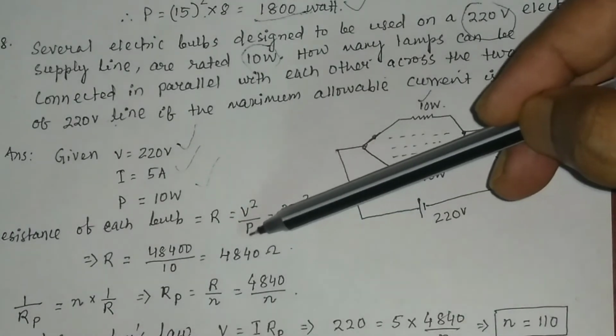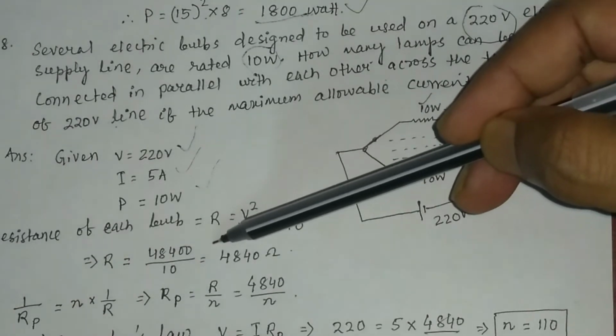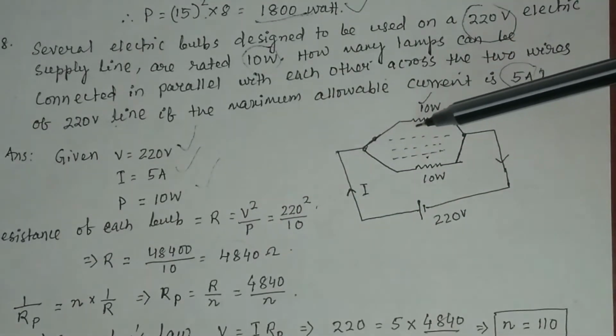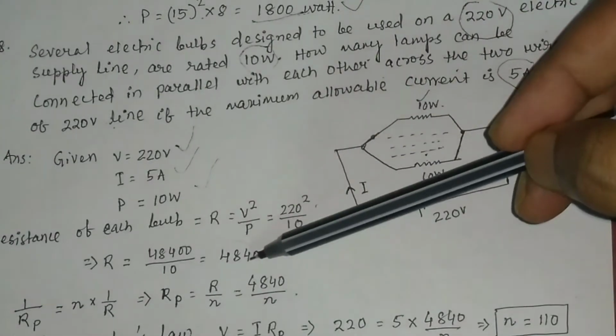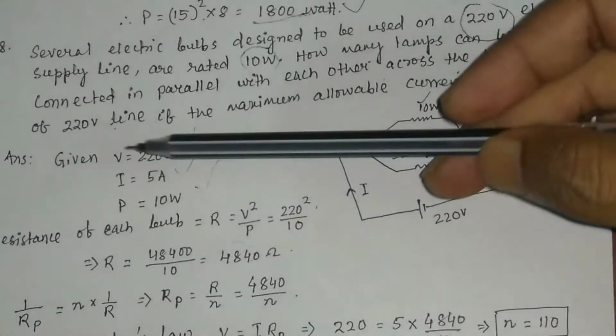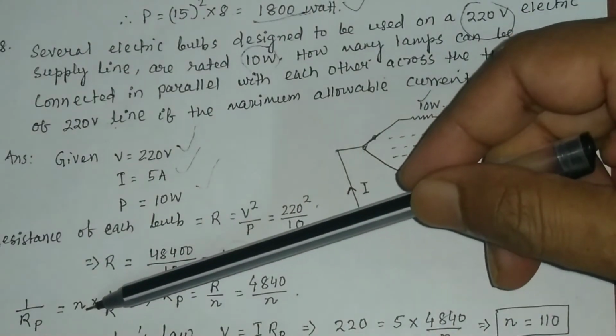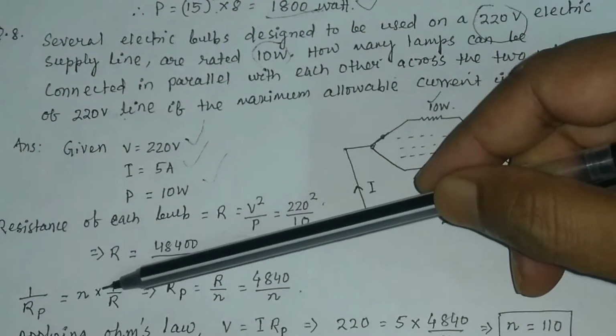So this is the resistance of one bulb. A number of bulbs have been connected in parallel, each having this resistance. So let the number of bulbs be N. So N into 1 by R.